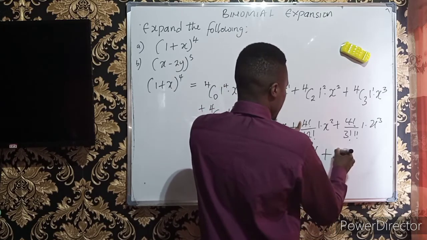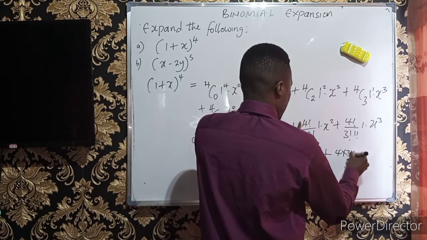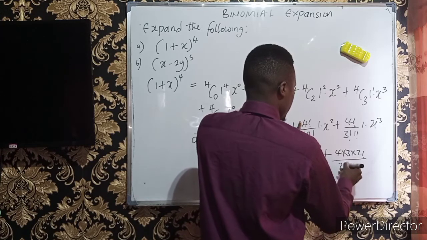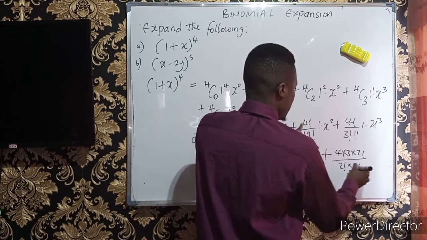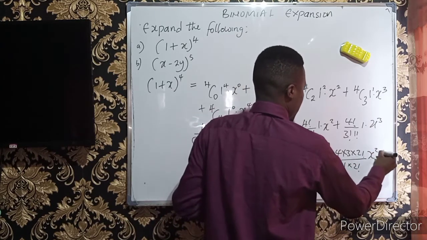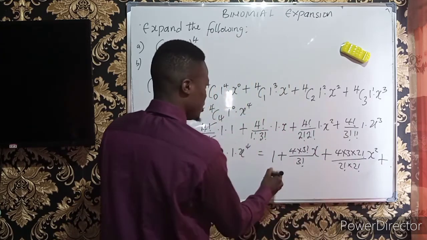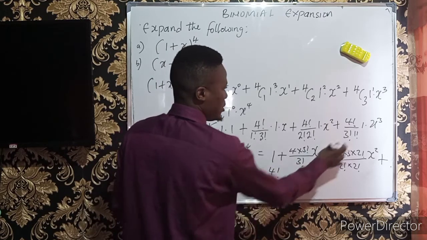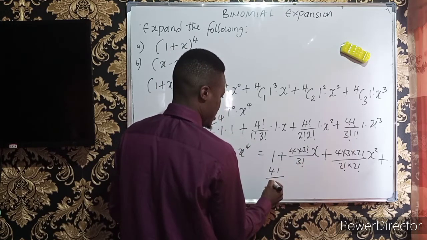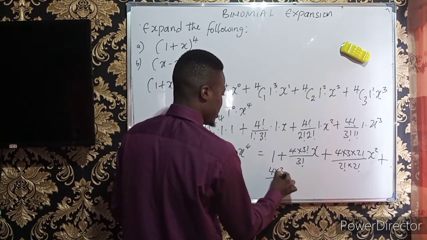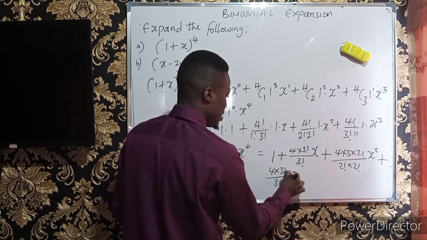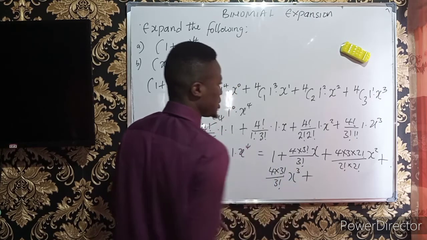Plus this is 4 times 3 times 2 factorial over 2 factorial times 2 factorial, x squared. Plus we come down here. This will give us 4 factorial, which is 4 times 3 factorial over 3 factorial, x cubed.